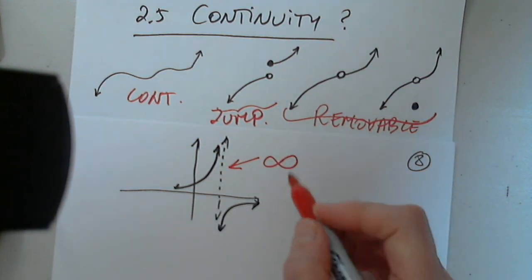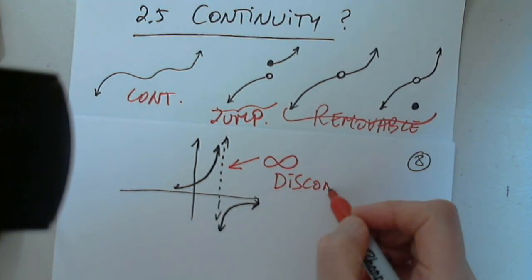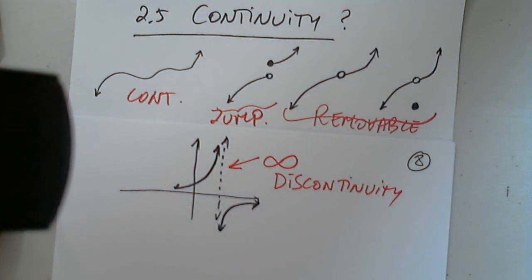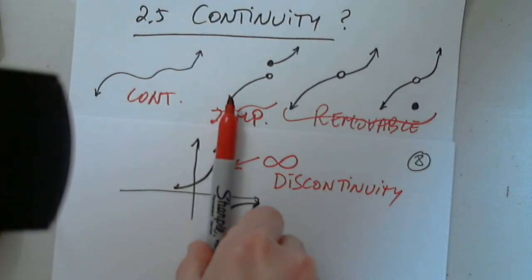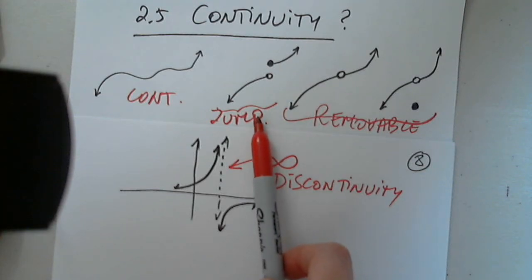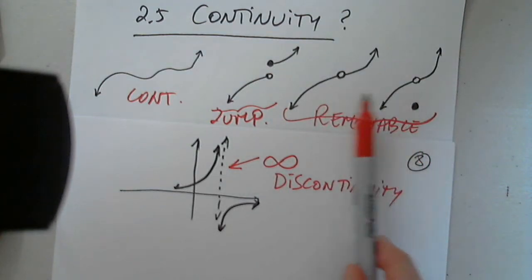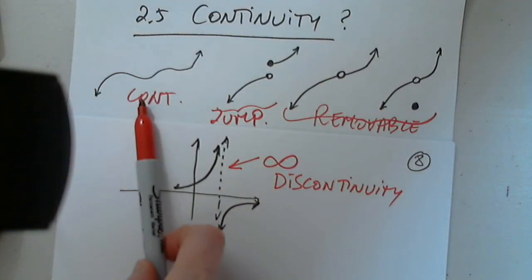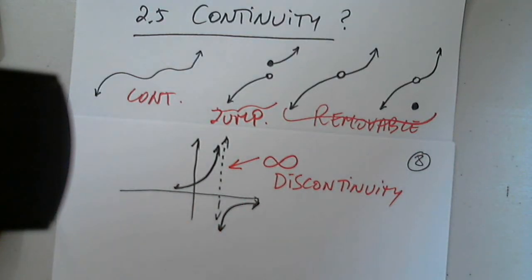This is called infinite discontinuity. So this function is not continuous because it has an infinite discontinuity. This one has a jump discontinuity. These two have removable discontinuities. This is a nice one, continuous.